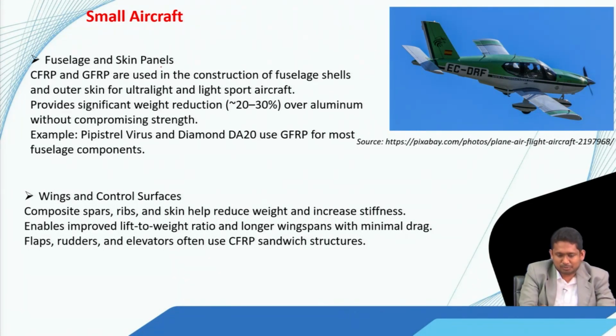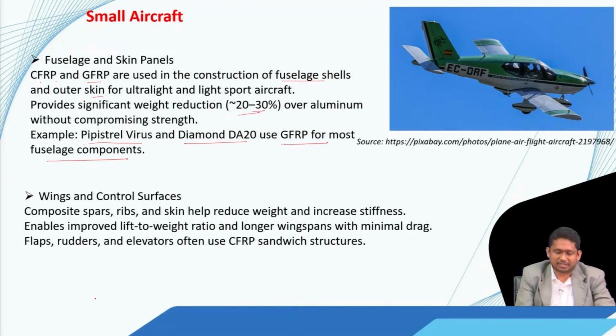In small aircraft also, CFRP and GFRP are used in the construction of fuselage shells and outer skin. So, it provides weight reduction of around 20 to 30% if I compare with aluminum. Examples are Pipistrel Virus and Diamond DA20. They use GFRP for most of the fuselage components.